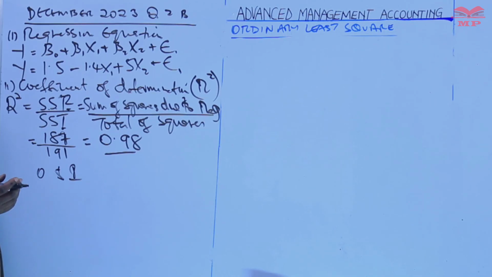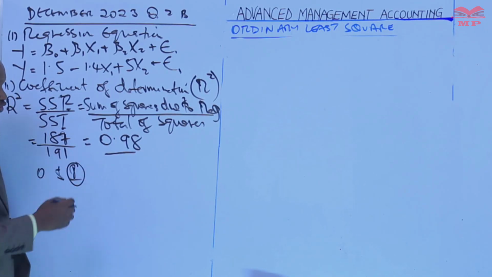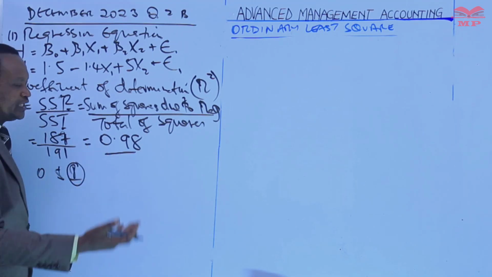And I did say earlier that if the coefficient of determination is 0, that indicates that the model explains none of the variation in the dependent variable. But if it is 1 or close to 1, the model explains all the variation in the dependent variable. So a higher r squared value indicates a better model fit.